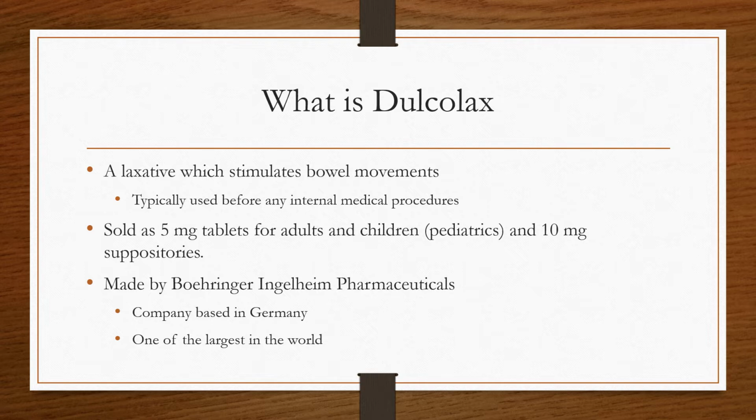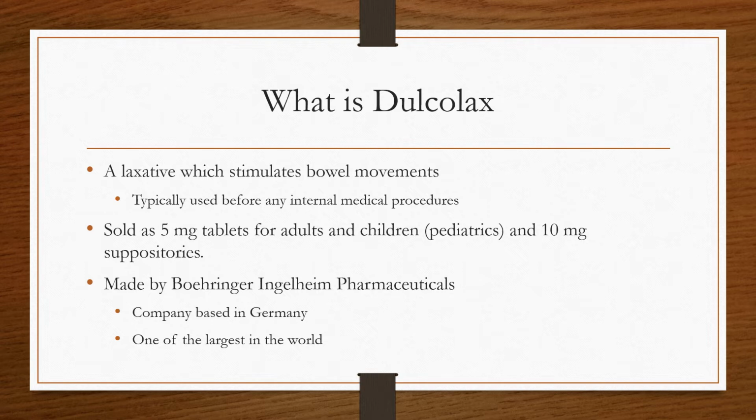It is sold as 5 milligram oral tablets for adults and children, and as 10 milligram suppositories. Now, suppositories are tablets which are to be used up the rectum. When you use suppositories, they're a lot faster and you will have a bowel movement a lot sooner than if you were to take oral tablets.